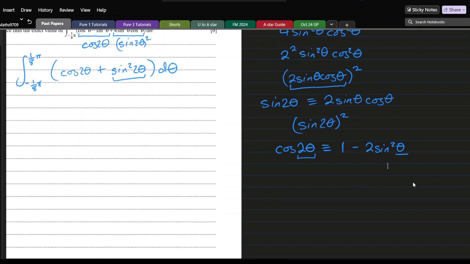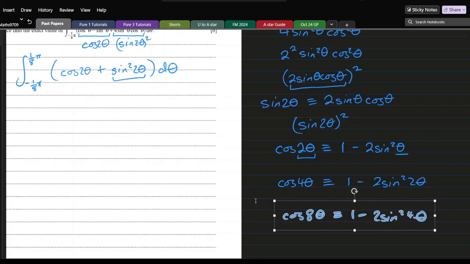So it means that if we had cos 4 theta, our identity would be 1 minus 2 sine squared 2 theta. And if we had cos 8 theta, our identity here would be 1 minus 2 sine squared 4 theta. But in this case, the one we want is for 4 theta.